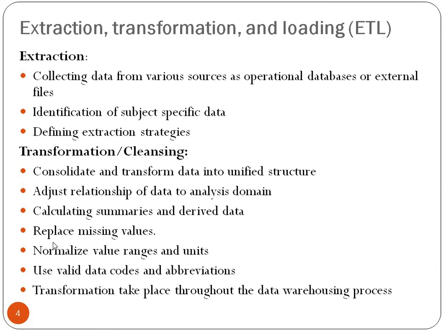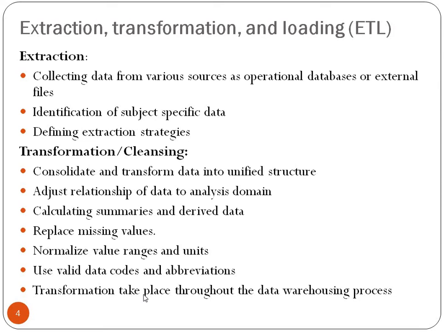The cleansing process replaces missing values, eliminates duplicates and normalizes value ranges and units. For example, the same cost may be mentioned in pounds and dollars, so it is normalized into a single, unified unit. It also uses valid data codes and abbreviations.